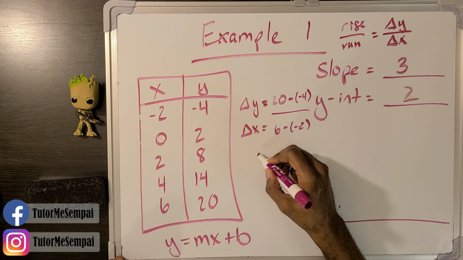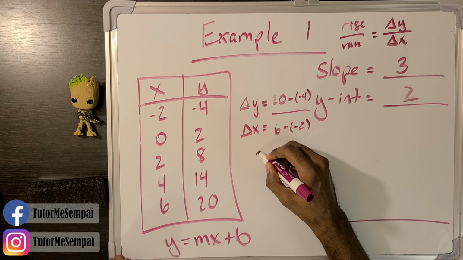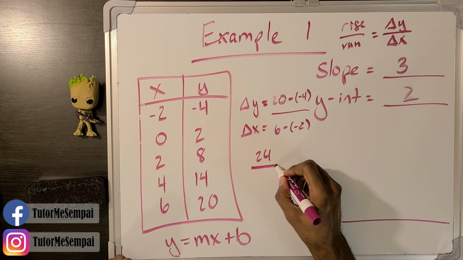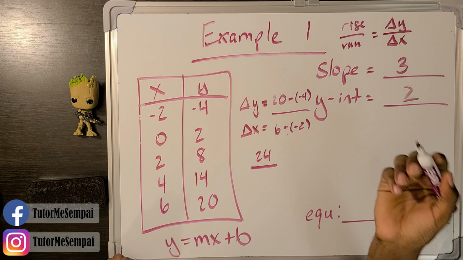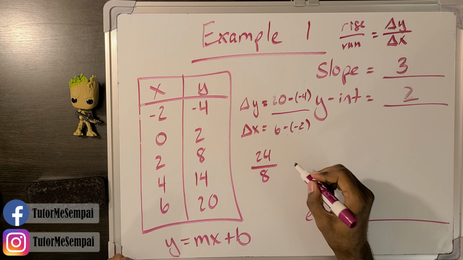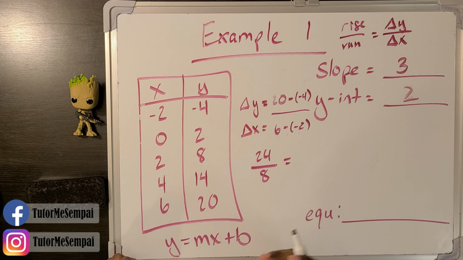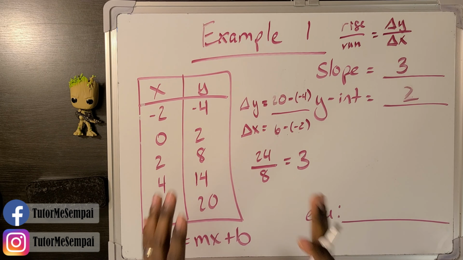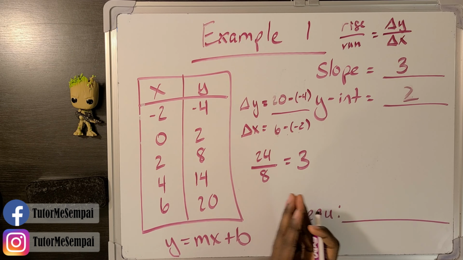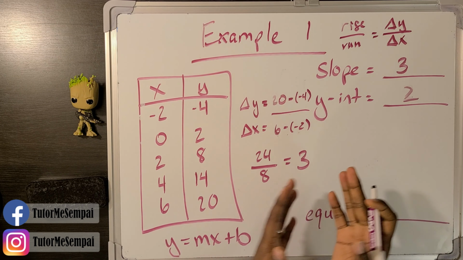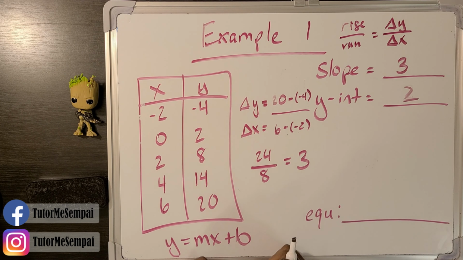Well, that's going to be 20 plus 4, so 24 over 6 minus a negative 2 gives us 6 plus 2, which gives us 8. And what do you get when you simplify 24 over 8? The same 3. So just like I said, there is no wrong point to choose when trying to find your slope. Pick any points and just make sure you reduce it down to its simplest form.